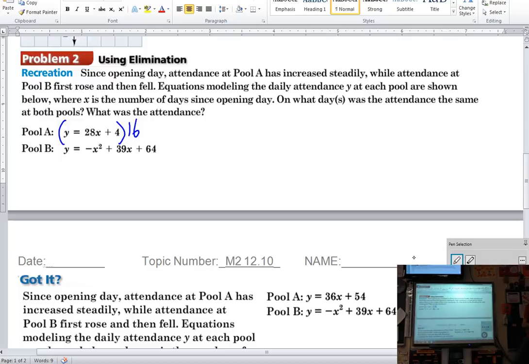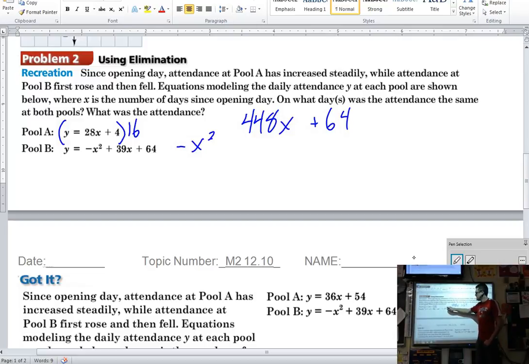How do we do this? Michelle? Multiply the stuff inside by 16. Okay. The 28x turns into 448x plus 64. And we still have that negative x squared, the 39x, and the other 64.